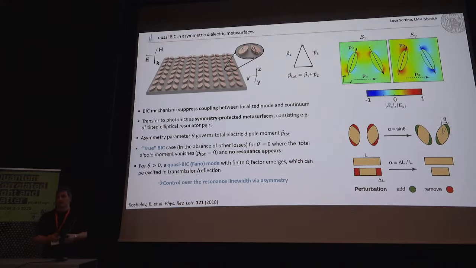So in this case, we use dielectric metasurfaces, so high index dielectric, silicon and so on, that are tailored to some sort of geometry. Now, it's not specific to this geometry. It can be many different geometries, because it's basically simply a breaking of a symmetry, which usually is this C2 symmetry.